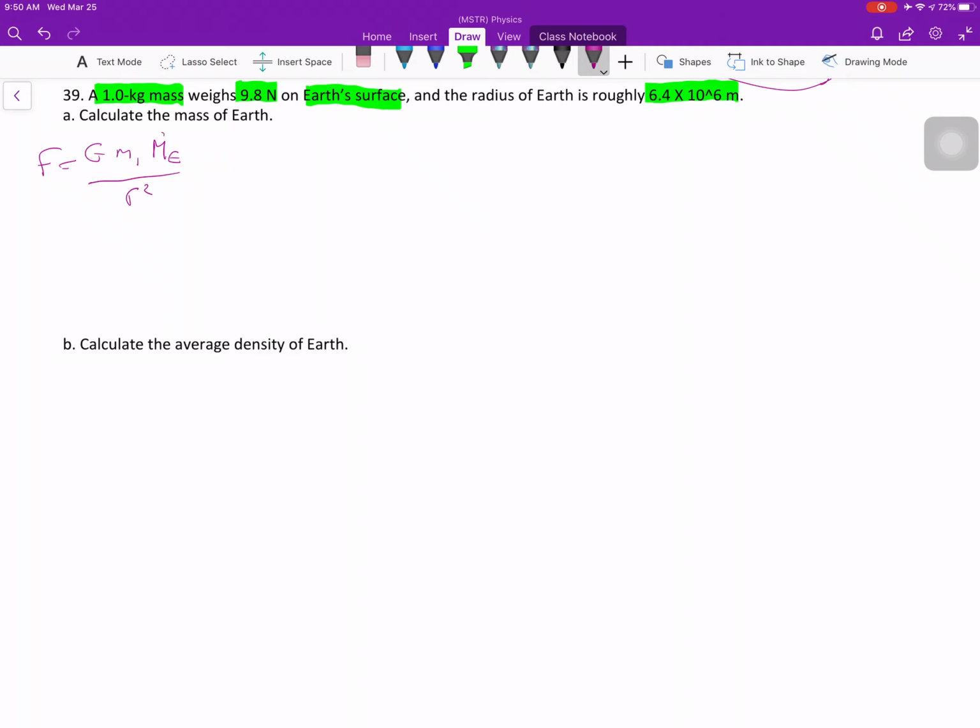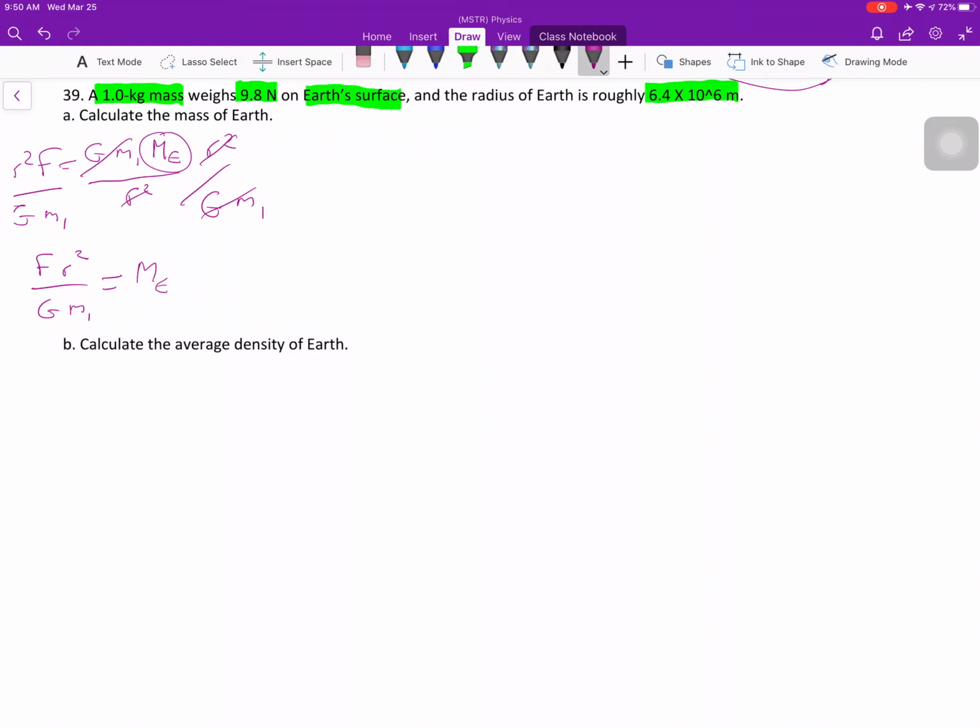Since we want to solve for the mass of Earth, let's do that right now. Multiply both sides by R squared. Divide both sides by gravitational constant and the mass of the other object, which will cancel out that. And now let's just clean it up. Force R squared over gravitational constant by the mass of the object will equal the mass of Earth.